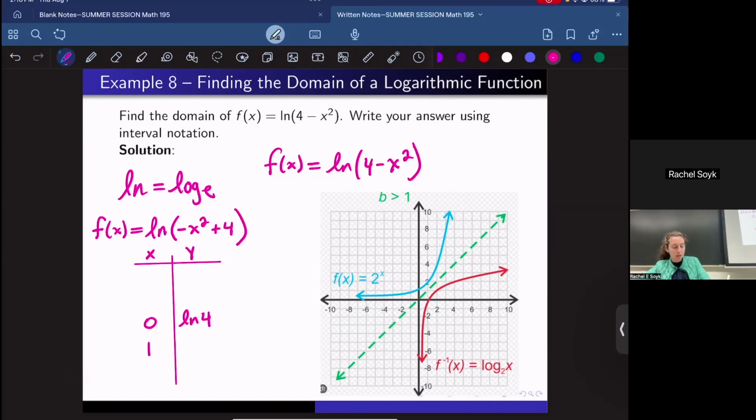I guess none of the negatives really matter because it'll just shoot up again. And then 2. Yeah, we're good. And then maybe 3. Okay.